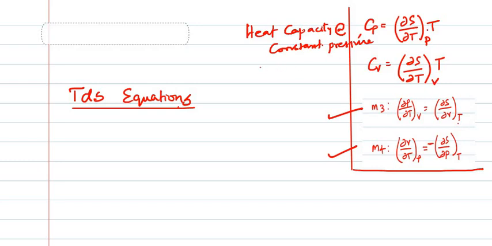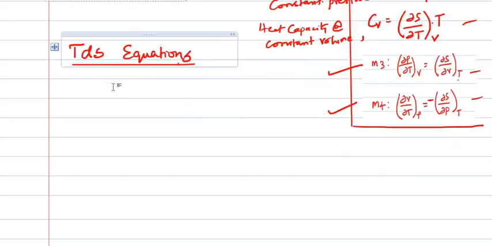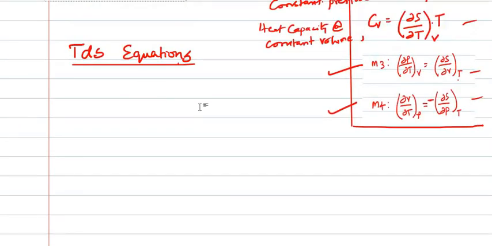Similarly, the heat capacity at constant volume, Cv, is equal to dou S by dou T at constant volume into temperature. So these 4 results we should know for deriving this TDS equation.